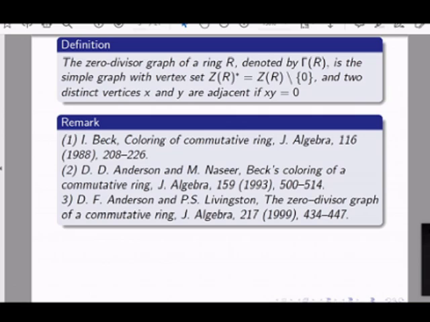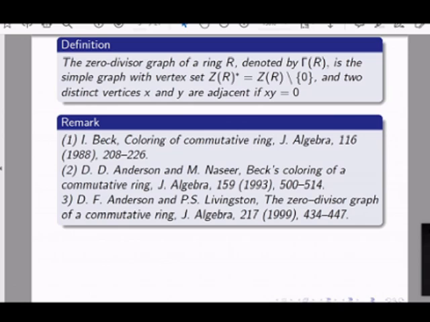And here is a remark about this definition. This started in 1988 in this paper by Beck, but in this paper he was interested in coloring the vertices of the ring. And in that paper, he considered all elements of the ring to be the vertices. I'm looking at number one.